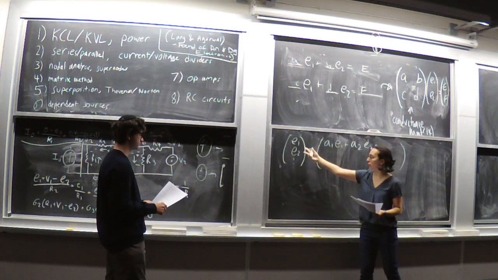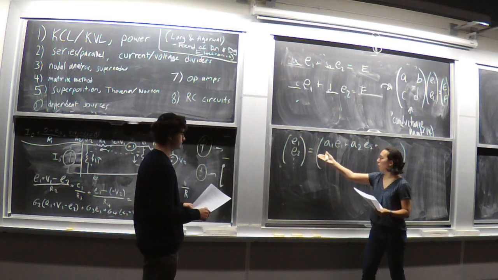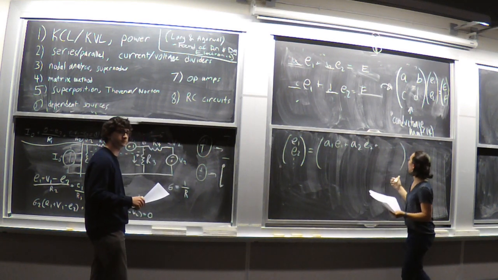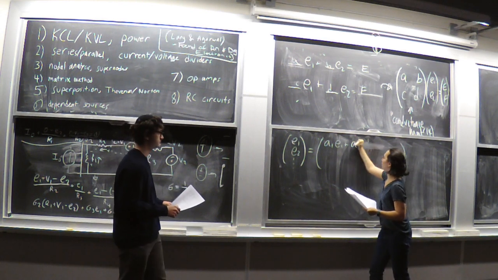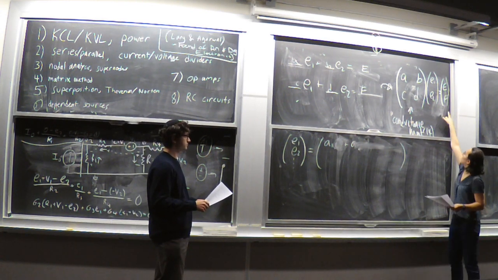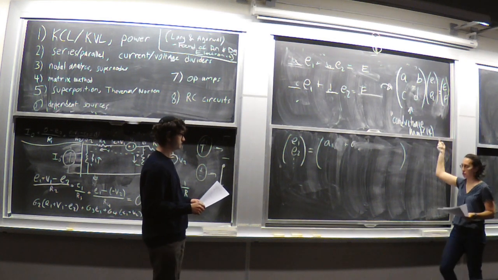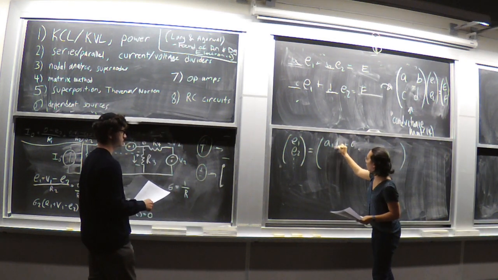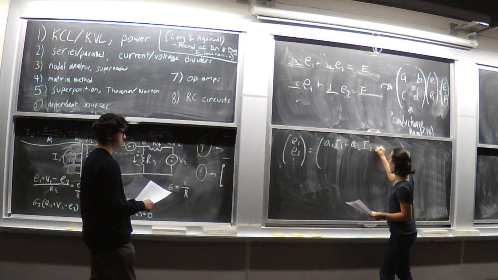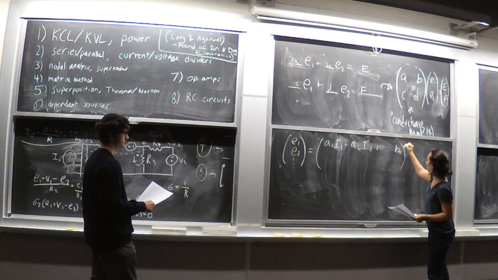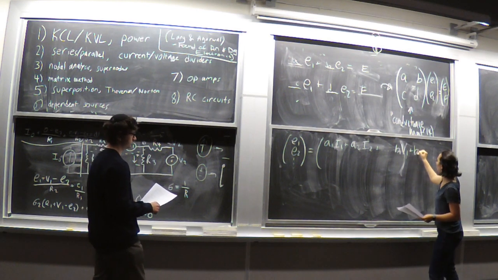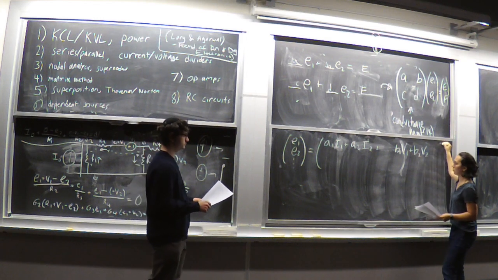So in particular, each node voltage is going to be expressed in terms of all the sources. Sorry, what am I saying? These are your sources. So we multiplied it to the other side, and up here are our current sources and our voltage sources. So this is going to look like A1 times I1, A2 times I2, B1 times V1 plus B2 times V2, and something like that.